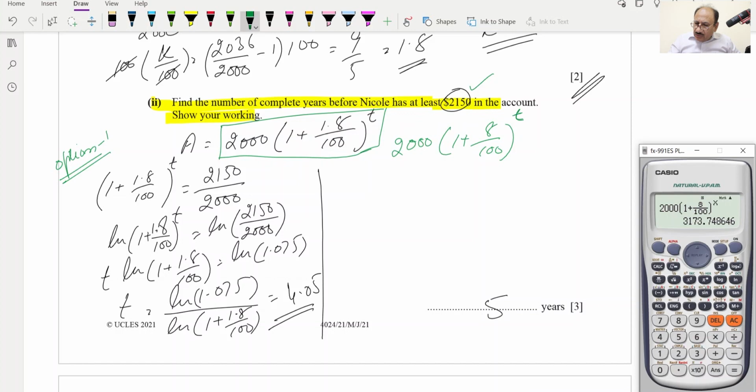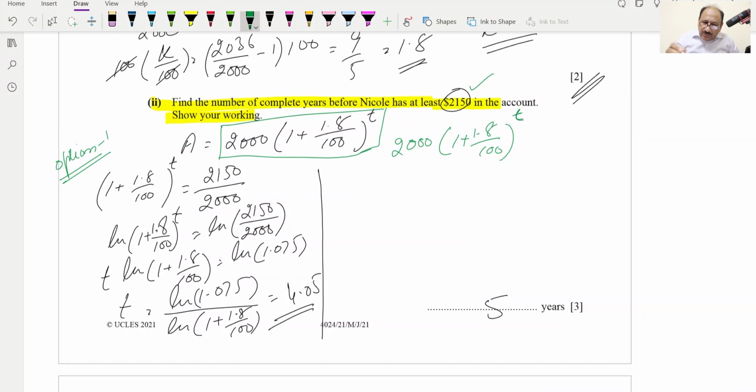Now we'll calculate for 4. If we calculate for 4, we will get 2720. No, this is not 8, this is basically 1.8.